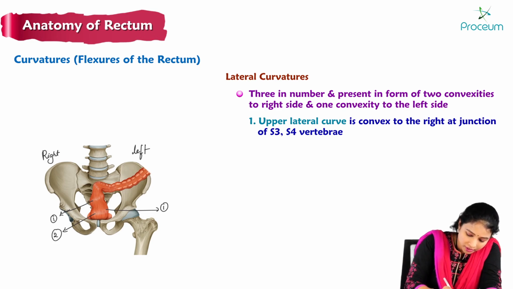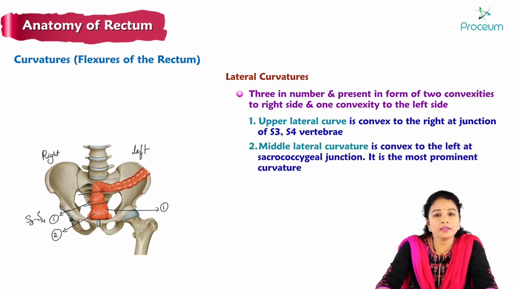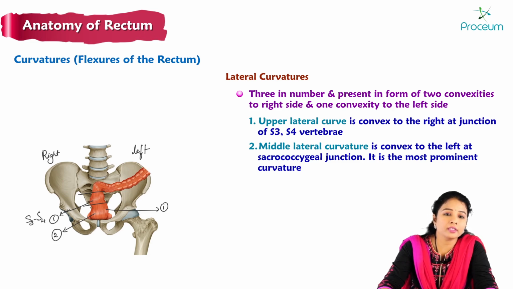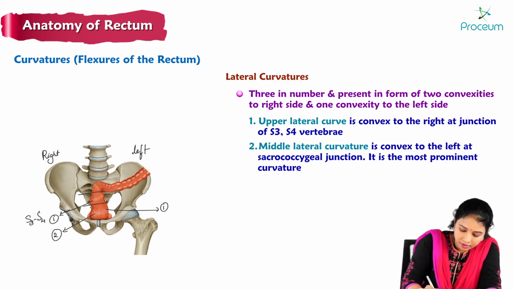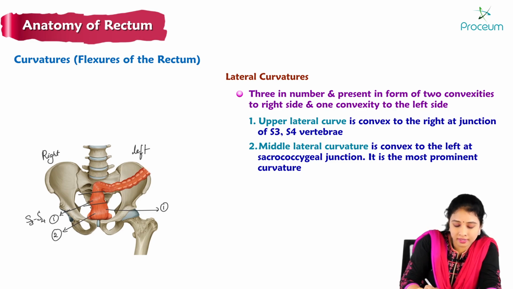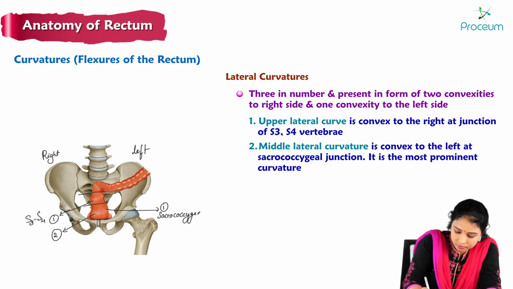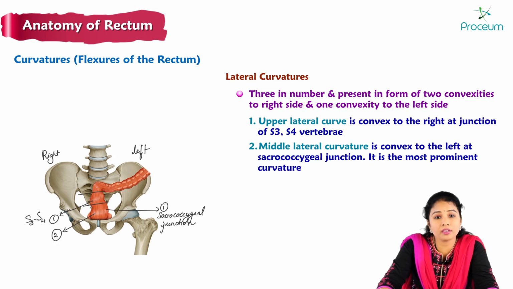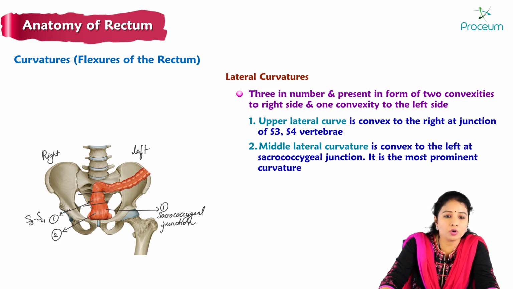The middle lateral curvature is convex towards the left at the sacrococcygeal junction and it is the most prominent curvature. And the lower curvature is convex to the right at the level of the tip of the coccyx.